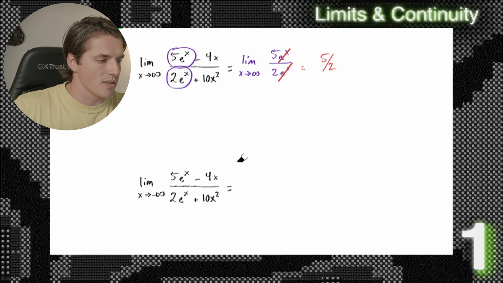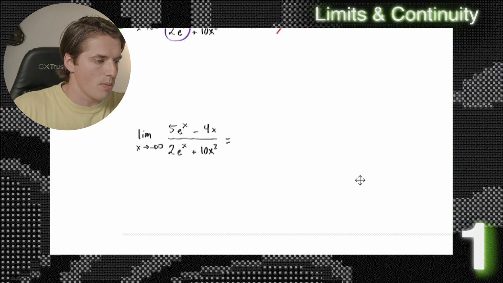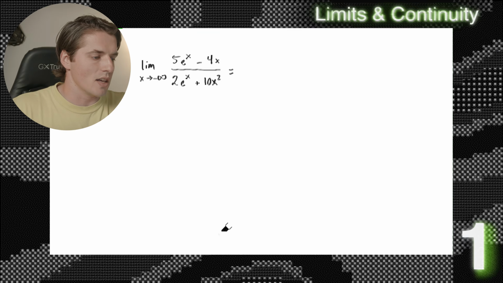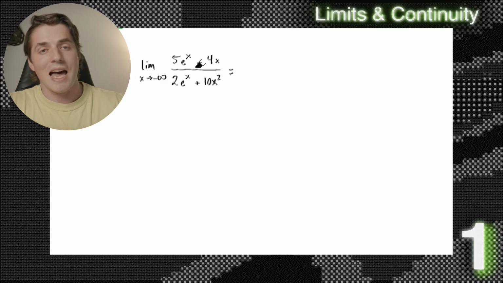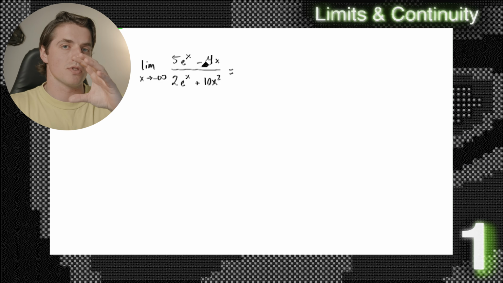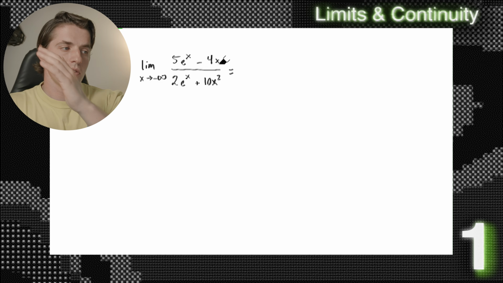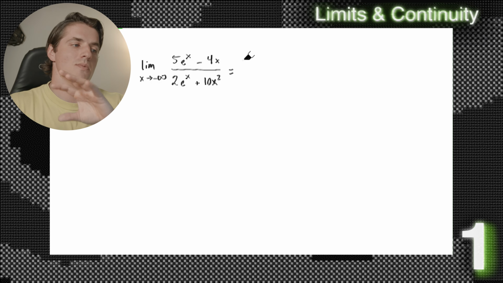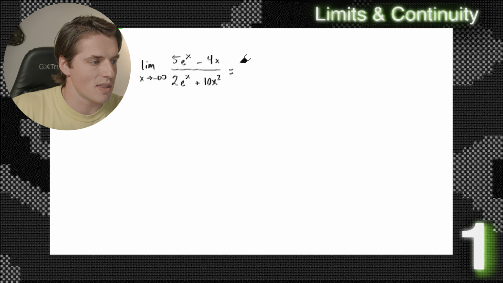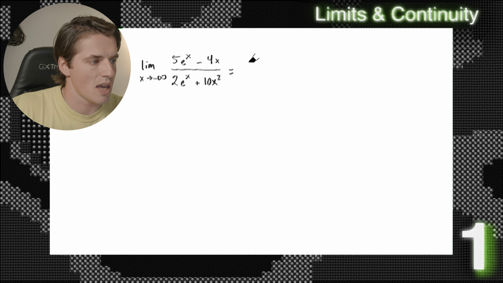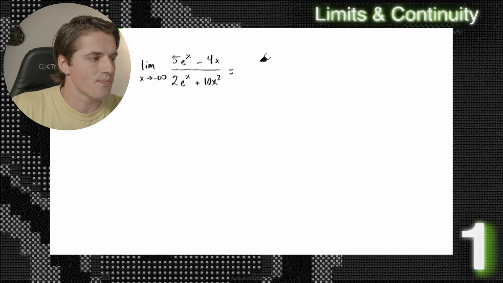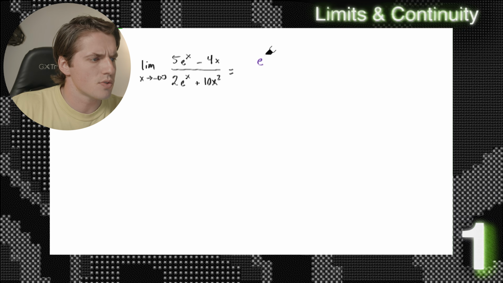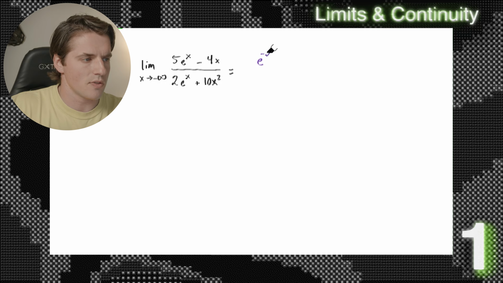Okay, and the last, we have the same problem, but we're going towards negative infinity. Last time, e to the x was going to go towards infinity faster than x, but now when we're going towards negative infinity, we kind of maybe want to rewrite this and think of it as e to the negative infinity, right?